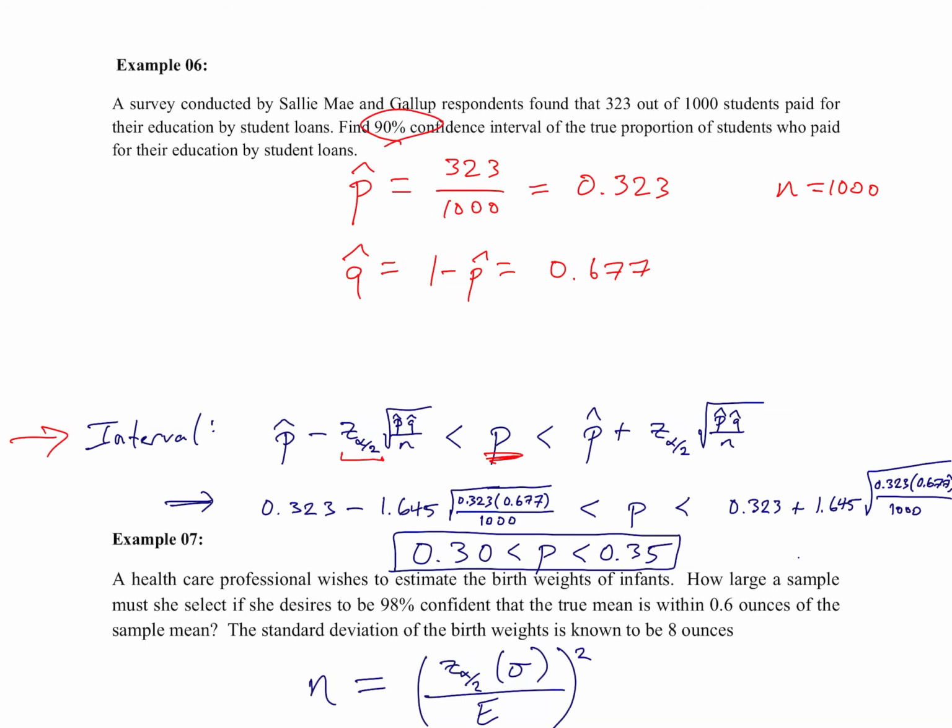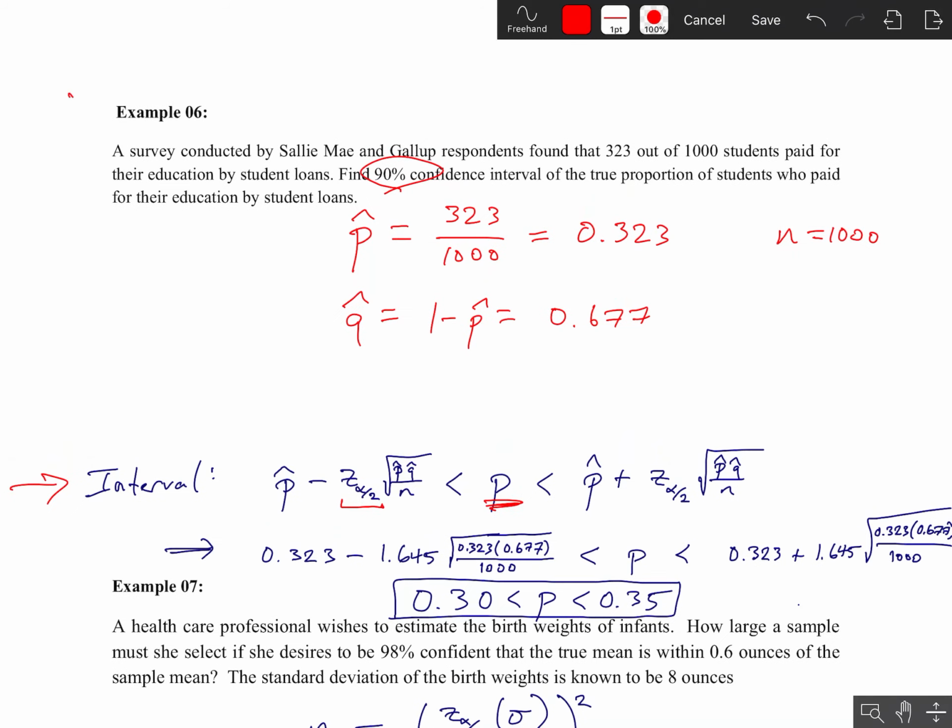So again, what you can do is you can draw the little picture like I've been doing. So we want 90% as our area on the inside. That means that we want 10% to be the area on the outside, and that would leave a 5% area over here on the left and a 5% area over here on the right. And that means we're looking for the z-score that has a 5% area to the right, or in other words, a 95% area to the left.